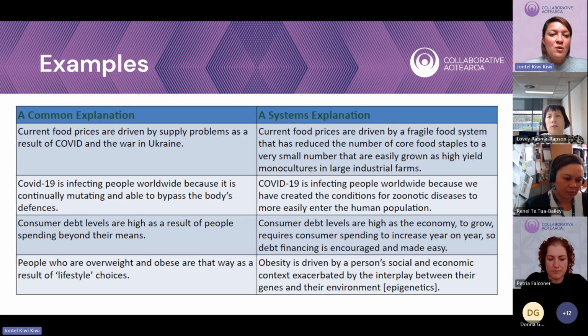For example, the top example here: current food prices are driven by supply problems as a result of COVID and the war in Ukraine, whereas a system explanation is investigating the connections between everything. Current food prices are driven by a fragile food system that has reduced the number of core food staples to a very small number that are easily grown as high yield monocultures in large industrial farms.